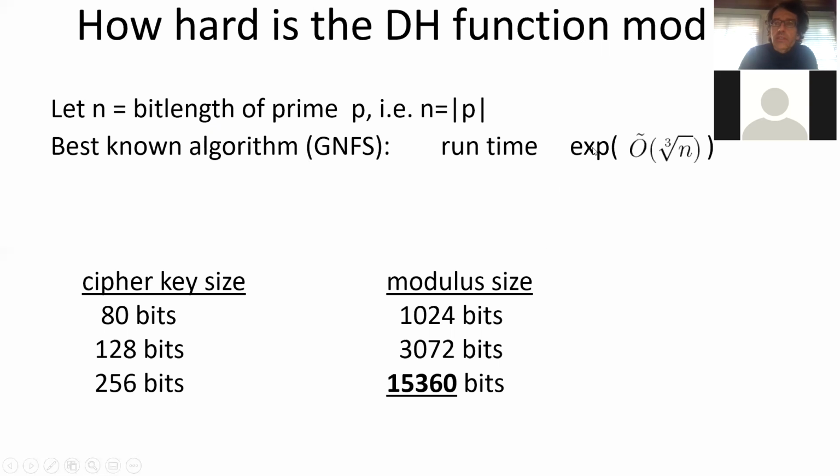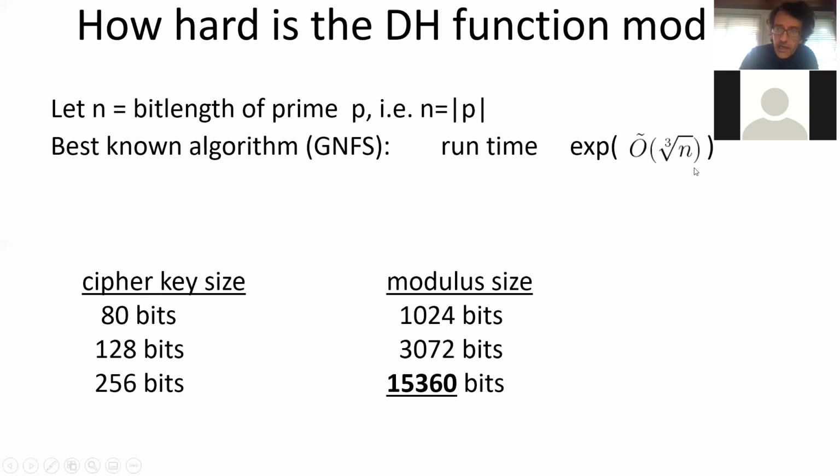And these attacks on discrete logarithm depend on the group. So in modular residue groups, there are attacks that work in time exponential in the cube root of the security parameter, which is the length of the prime.